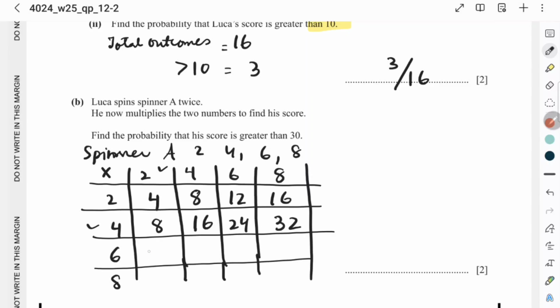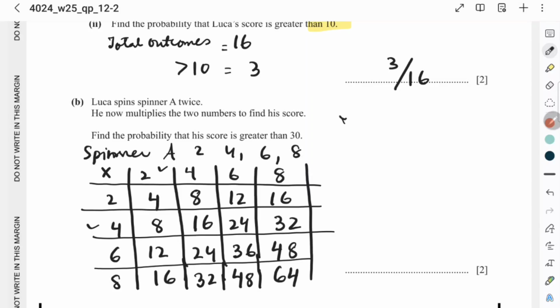Now 6 times 2 is 12, 6 times 4 is 24, 6 times 6 is 36, 6 times 8 is 48. If you get 8 the first time and 2 the second time, the product will be 16. And the first time 8 and the second time 4, then the product will be 32. And then the same thing, 48 and 64.